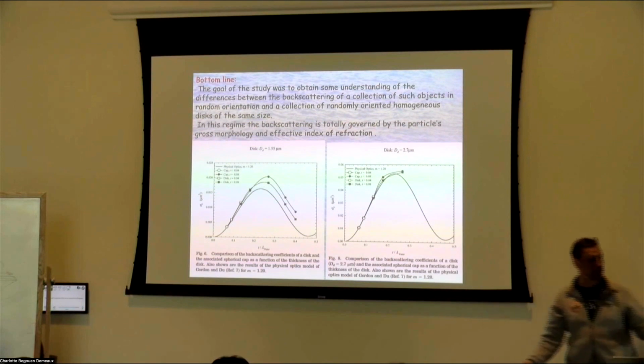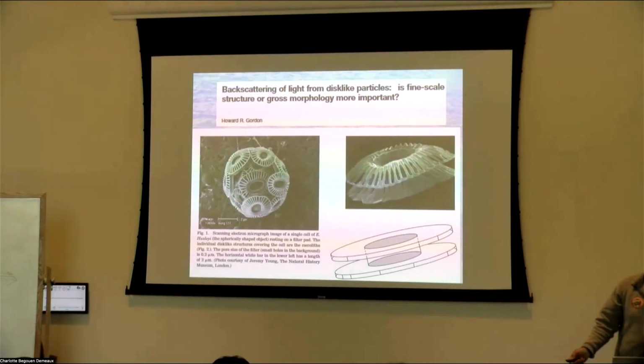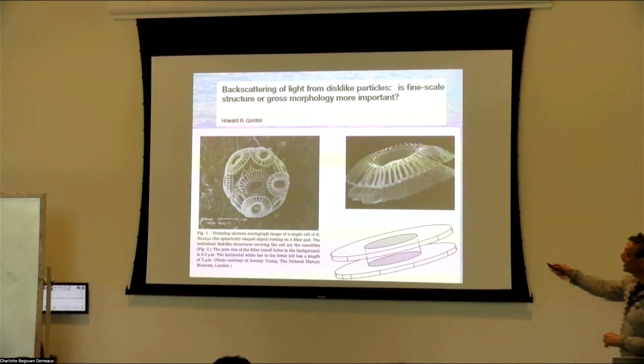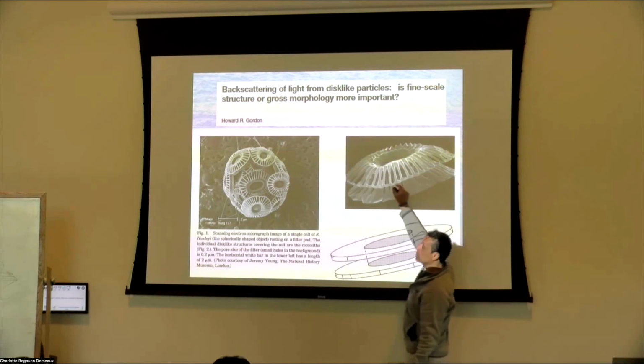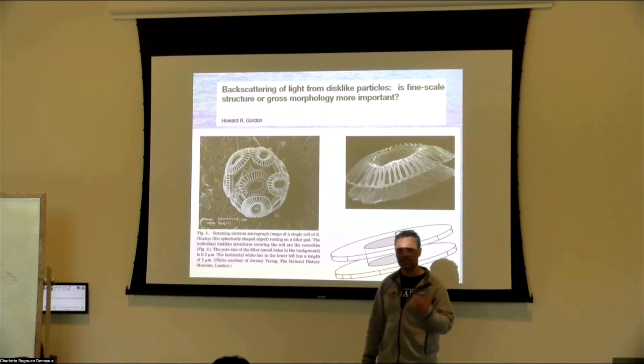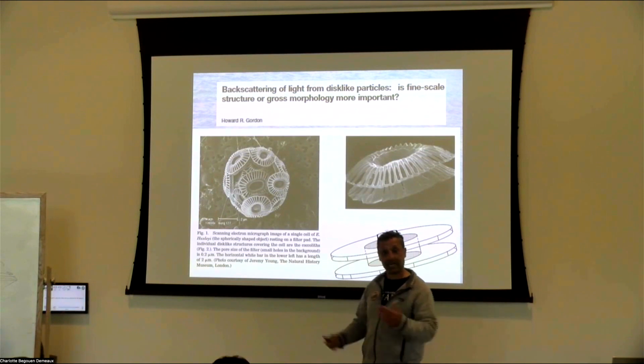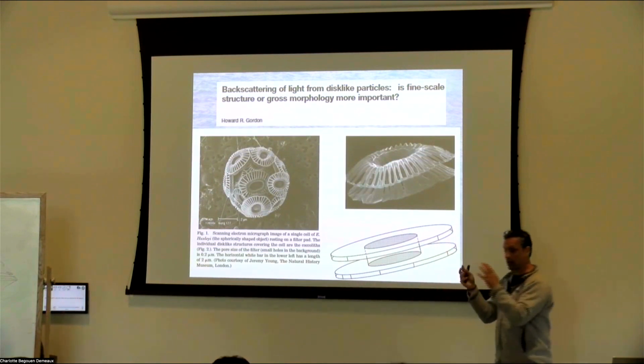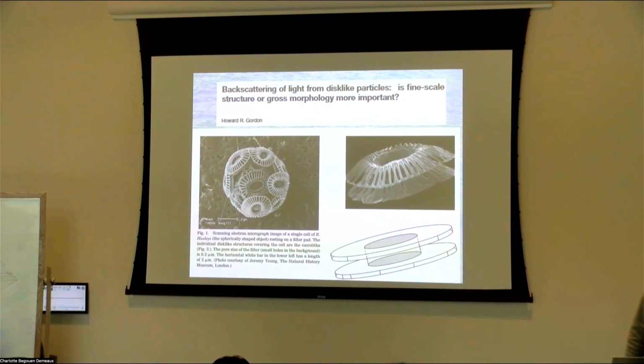What he found is that you do not need to bother with these details because they're so small compared to the wavelength that they're not affected. Scattering happens when things are about the same size as the wavelength.